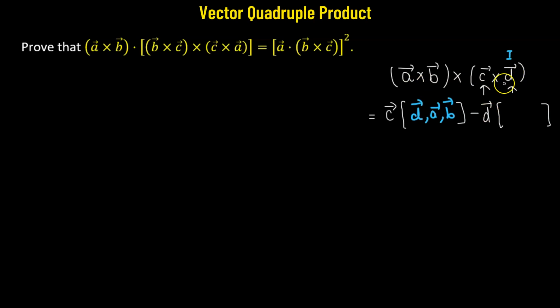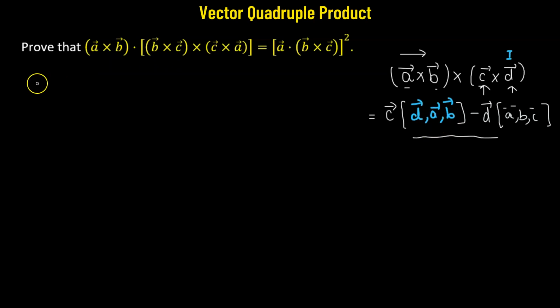Since we are starting with D, we'll come back to the beginning. Now we are left with A, B, C. We'll read from left to right. So we have A, B, C. This is how we can express the vector product of four vectors in this fashion, where we now have only the scalar triple product.